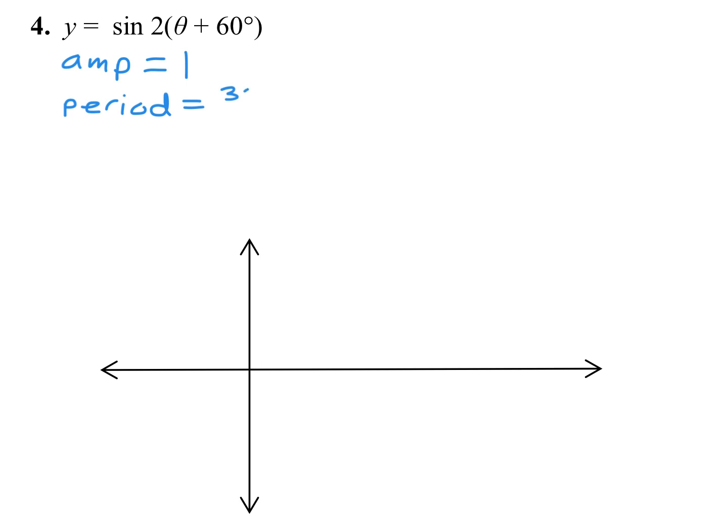So for this one, it's 360 divided by 2. So this one has a period of 180 degrees. Let's put 1 and -1 on the y-axis. And let's put the 180 on the x-axis. Right, now cut that into 4. So cutting it in half makes 90. This is 45. And this is 135 degrees.